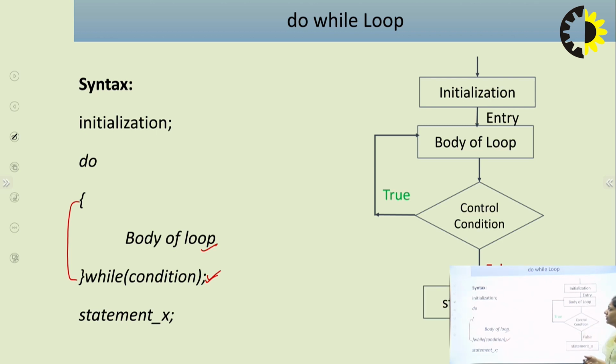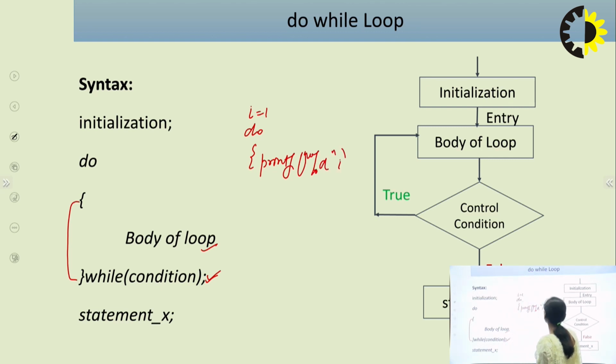So, if we look here, we have the initialization, do, and then the body of the loop. Now, coming to this, we have the same example. Here the initialization would be with 1, do, will print the value of I, printf, %d, I, and only then it will check while I is less than equal to 10.